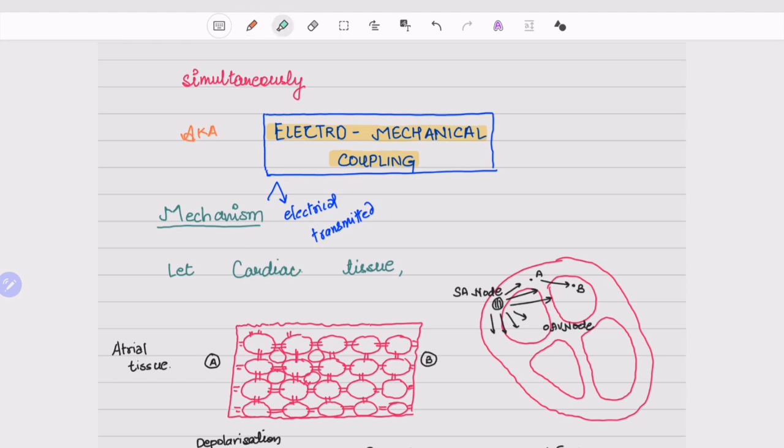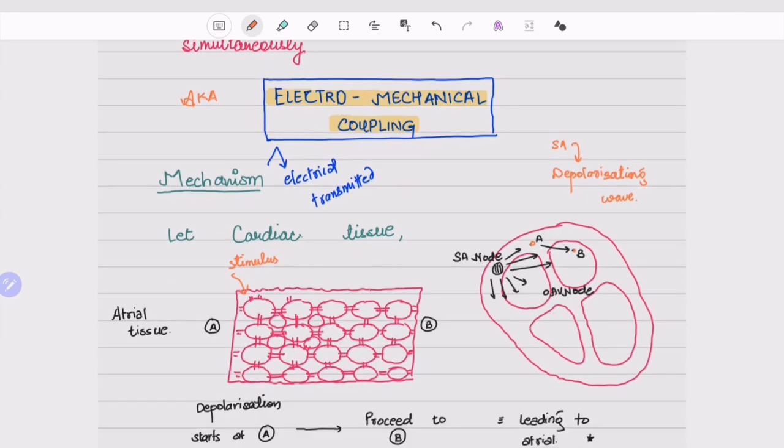Now the basic mechanism of how the electrical activity is transmitted and collected by the ECG machine. Let us assume a cardiac tissue from point A to point B. As the SA node is producing the depolarization to different tissue, a depolarizing wave reaches the part of this tissue at point A as a stimulus, through the gap junctions present between them.